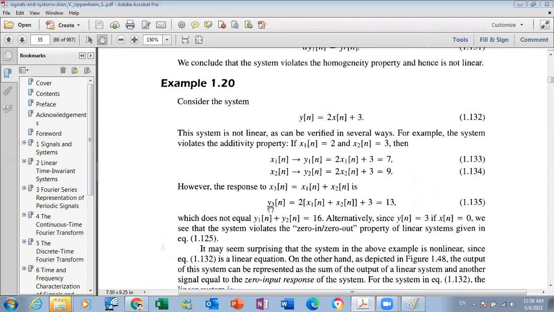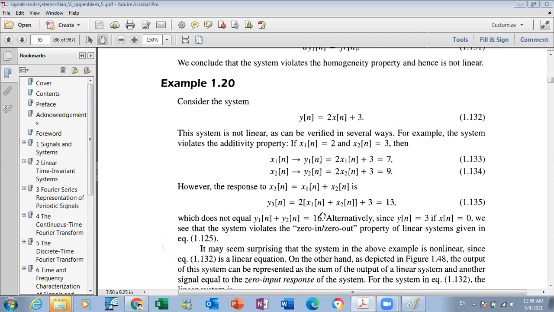So y3n is not the linear combination of y1n and y2n, because y3n is equal to 13 and y1n plus y2n is equal to 16, right? So why is it not linear? Due to this initial condition, this 3. This 3 is violating the linearity principle.